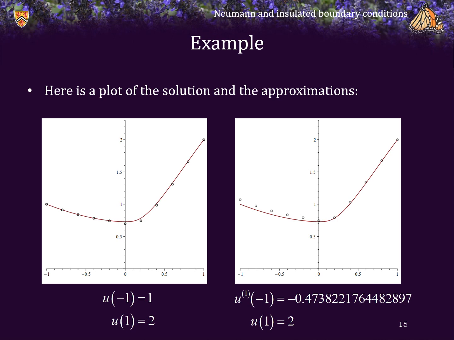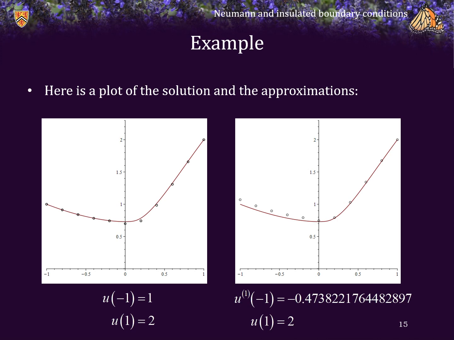All right, a plot of the approximation we just calculated is shown on the right here, and it seems to have approximately the derivative we've desired. However, the plot on the left is the solution we found previously to the Dirichlet problem with the two fixed boundary conditions, u at -1 is equal to 1 and u at 1 is equal to 2.